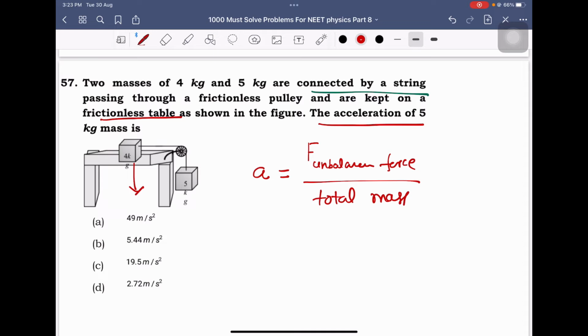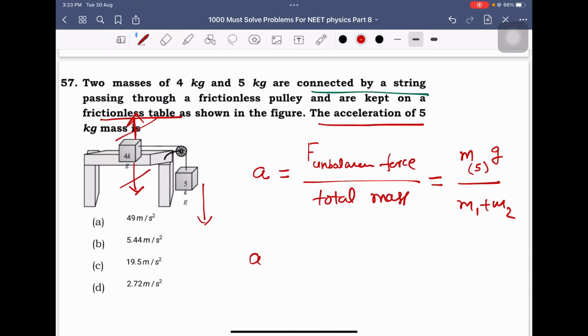The weight of the 4 kg mass and the normal reaction are getting balanced, so that is balanced force. Here the weight of the 5 kg mass is not getting balanced. So the unbalanced force is equal to the weight of the 5 kg mass, that is mg, divided by total mass, 4 plus 5, so m1 plus m2.